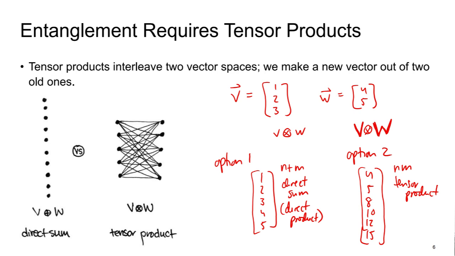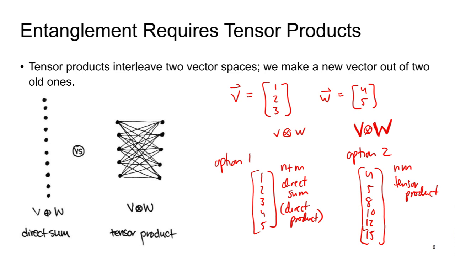Option two is I can multiply the two components together to get the column vector 4, 5, 8, 10, 12, 15. There we go.